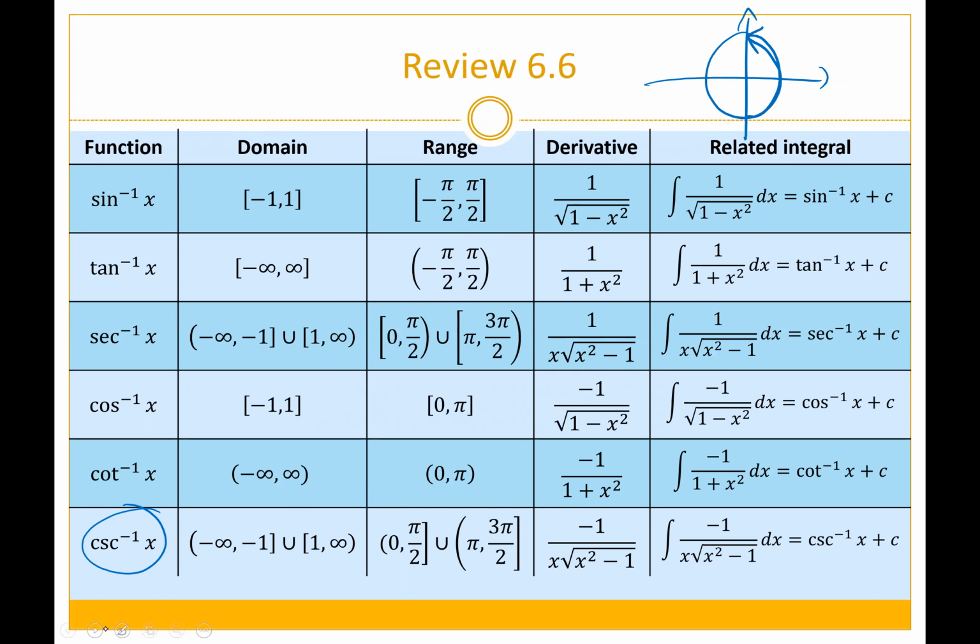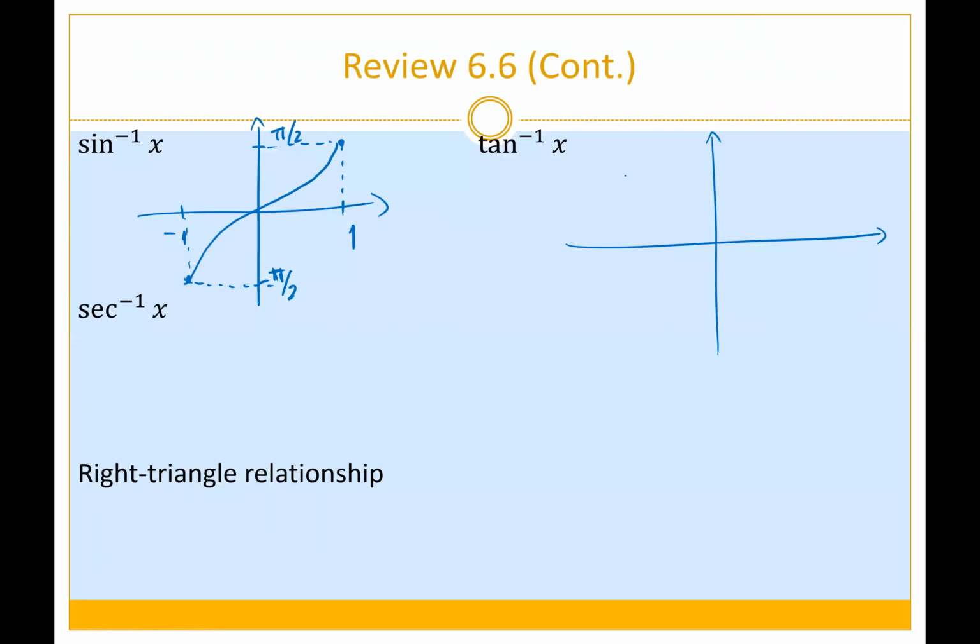And the domain is from negative infinity to positive infinity. So what happens here is that we have pi over 2, negative pi over 2, and this is the graph. It will approach on the two ends, but it will never reach there because our range doesn't include the endpoints.